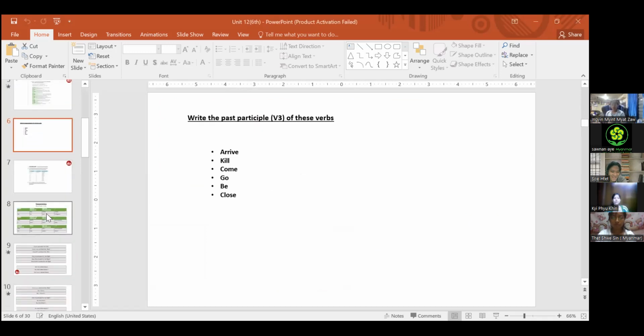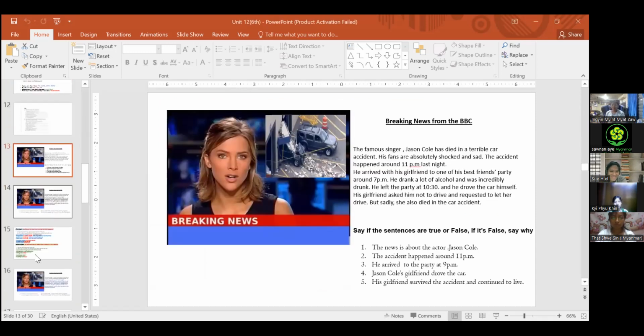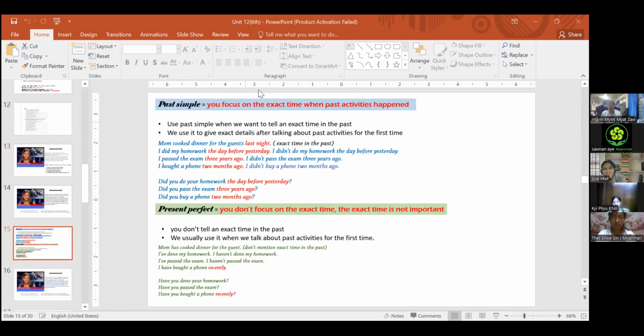I don't have a very good explanation of it here. It's a very long explanation, so I should do my examples. One thing to worry about is that present perfect and past simple have varieties. If you translate them into Burmese, there are so many ways we can translate them.